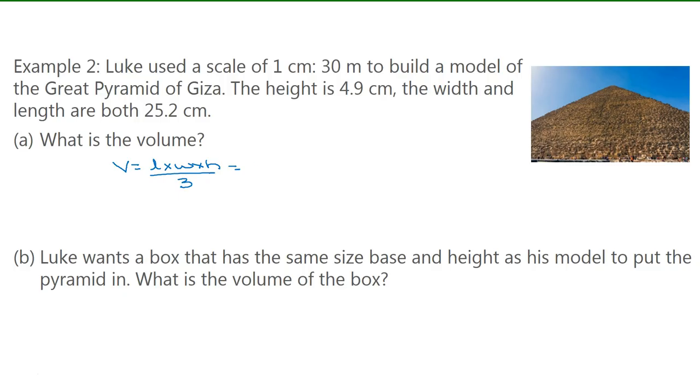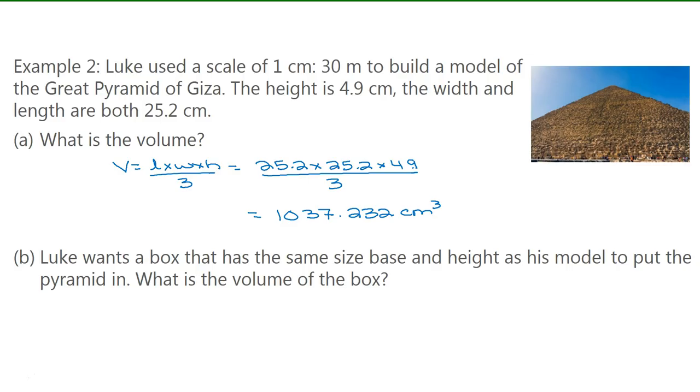The bottom is a square, so they're both 25.2 centimeters, and the height of his model is 4.9 centimeters. When I multiply those three values together and then divide by 3, I get 1037.232 centimeters cubed.